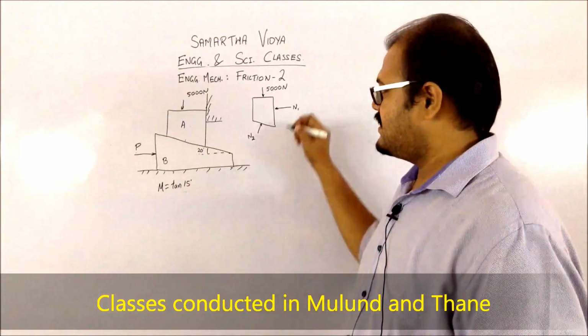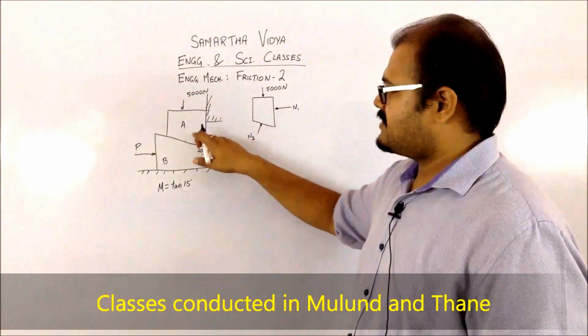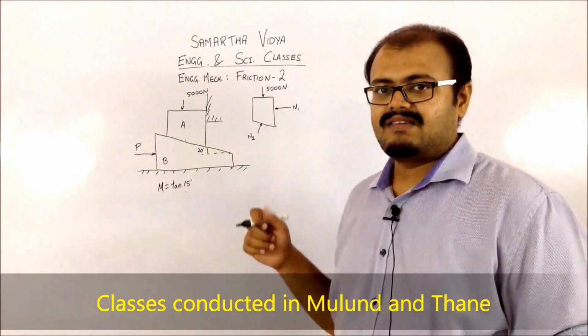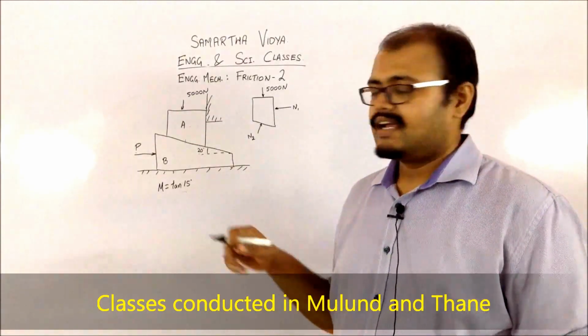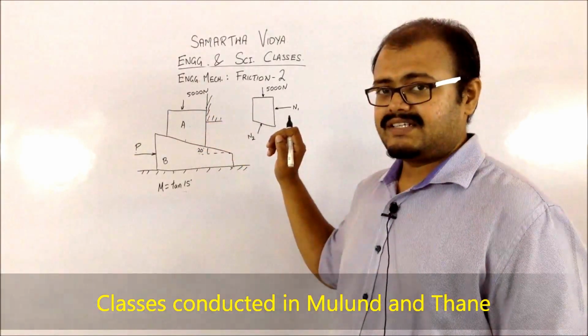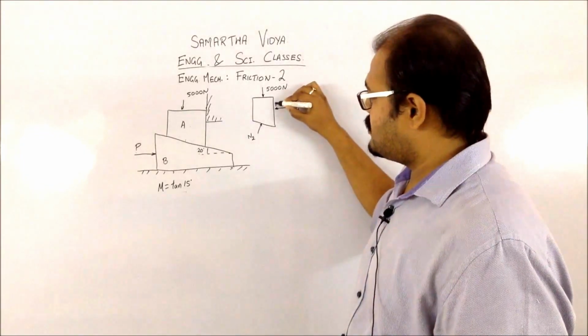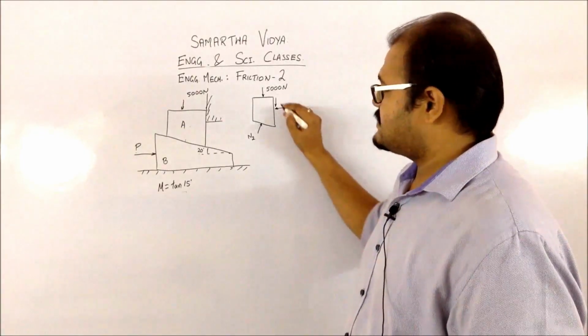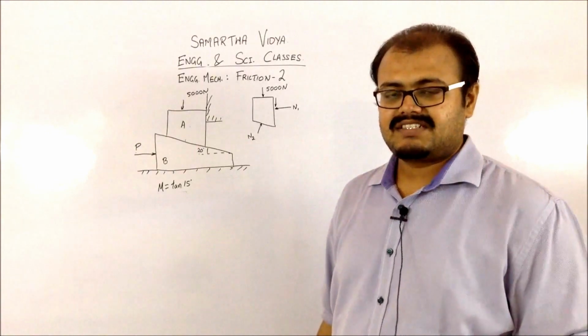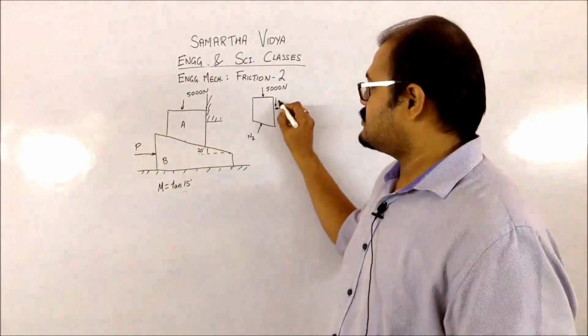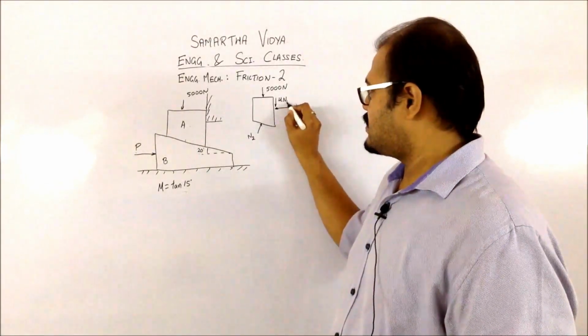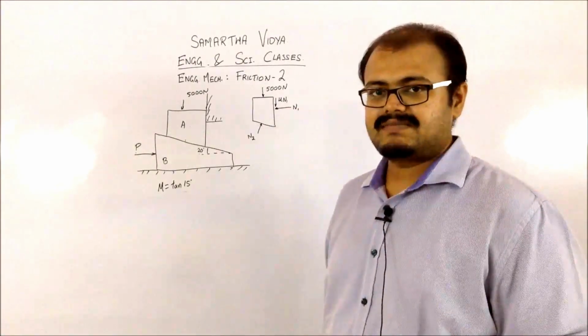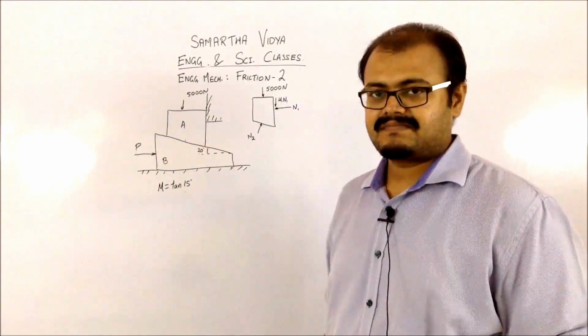So the motion of A is going to be in the upward direction. So the frictional force from this particular surface should be in the downward direction. And since we are considering the maximum frictional forces, this will be equal to mu N1, because of this particular normal reaction.